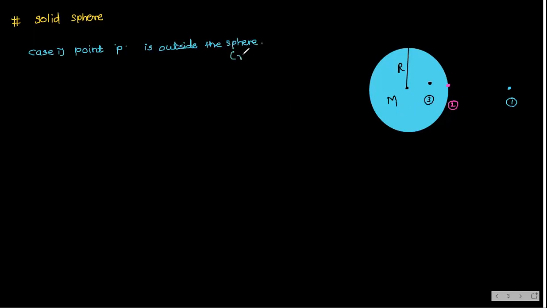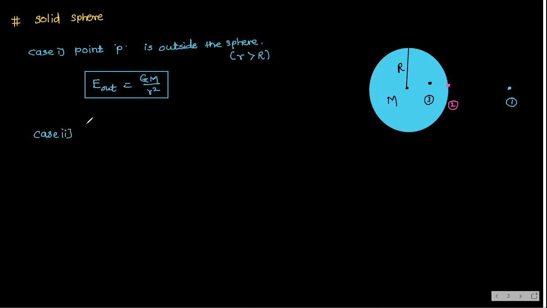So here r is greater than capital R. Agree with me? And this r means distance of the point from the center. So definitely as it is outside, r is greater than capital R. Then what is the formula? E out is equal to Gm by small r square. That's it. Understood? Okay. Next one, case number 2.